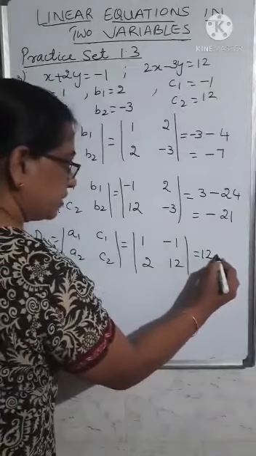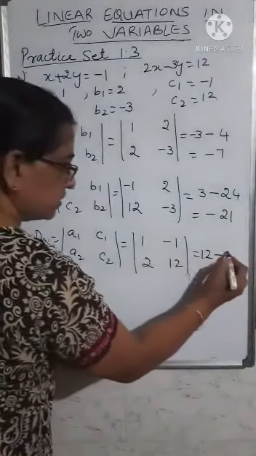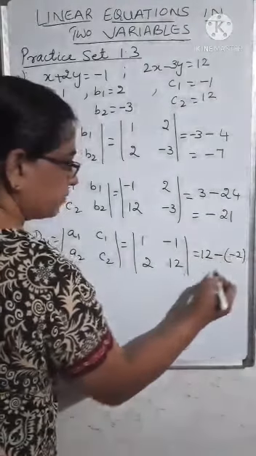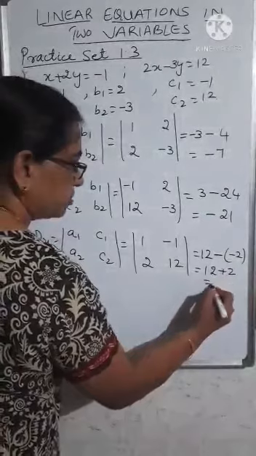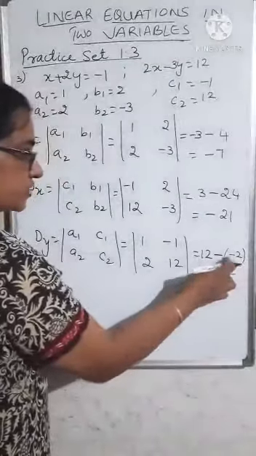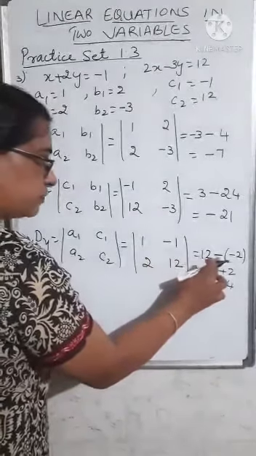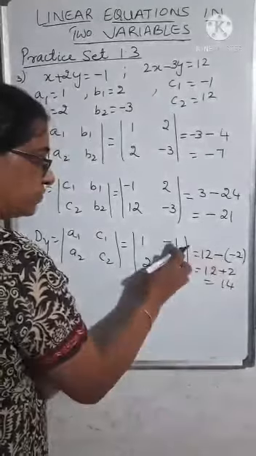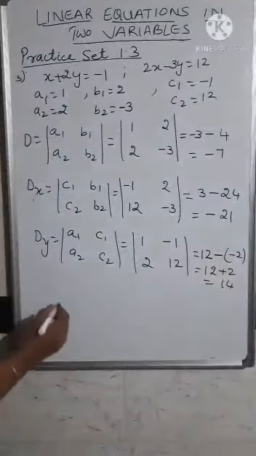In the formula you have got minus, then 2 into minus 1 is minus 2 you will get. So you will get this as 12 plus 2, which is equal to 14. So you have to be careful when you have got the negative sign. Simplifying this you will get it as 14.